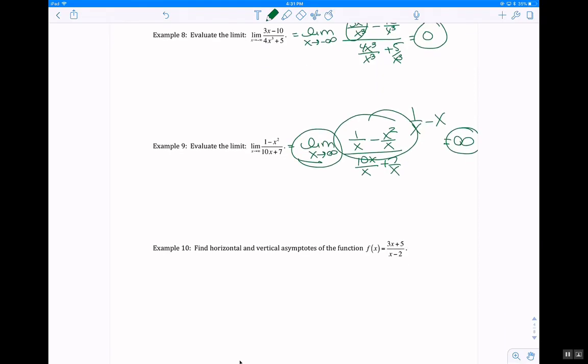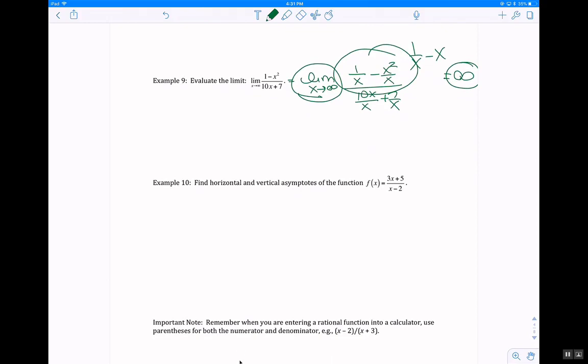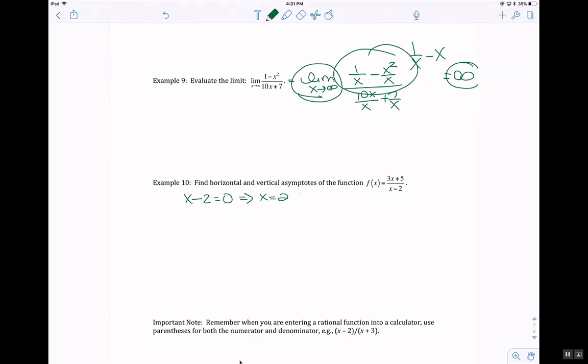To determine the horizontal and vertical asymptotes, from a previous class, the vertical asymptote is when you set the denominator equal to 0. So you get x is equal to 2 as your vertical asymptote. And then limit as x approaches infinity, 3x plus 5 over x minus 2.